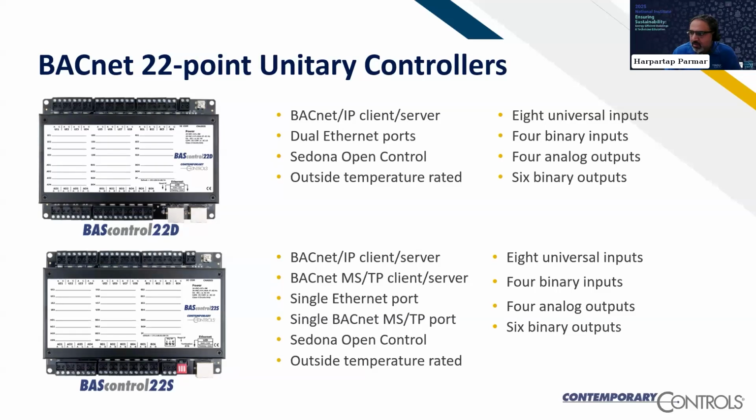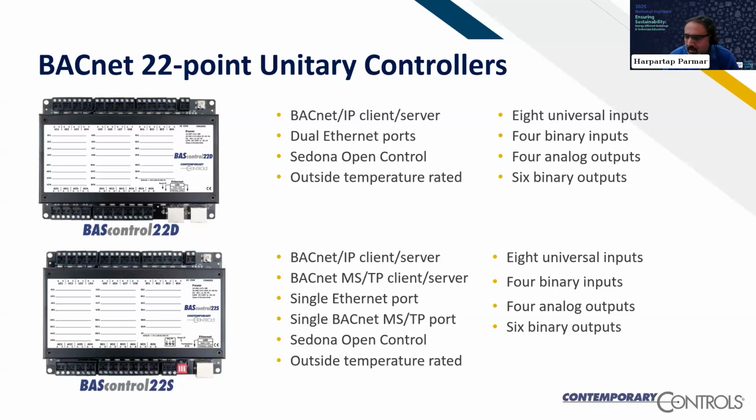Again, it features Sedona Open Control, outdoor temperature rated, and as far as the I/O points, it has 8 universal inputs, again configurable using the web page. It also has 4 binary inputs, and you can also do pulse counts and retentive inputs for energy metering and billing. You also have 4 analog outs and then 6 binary or relay outputs.